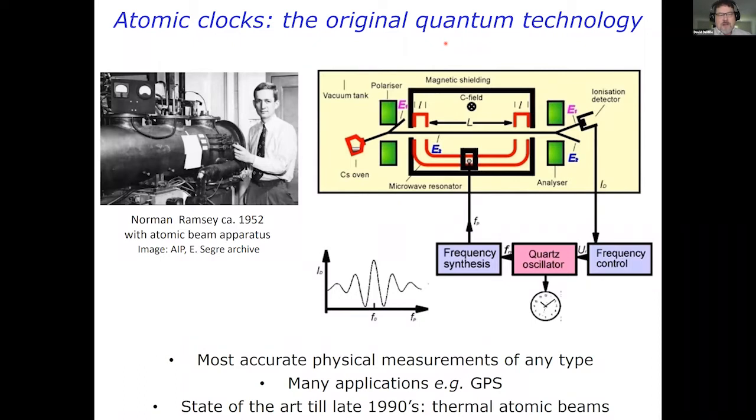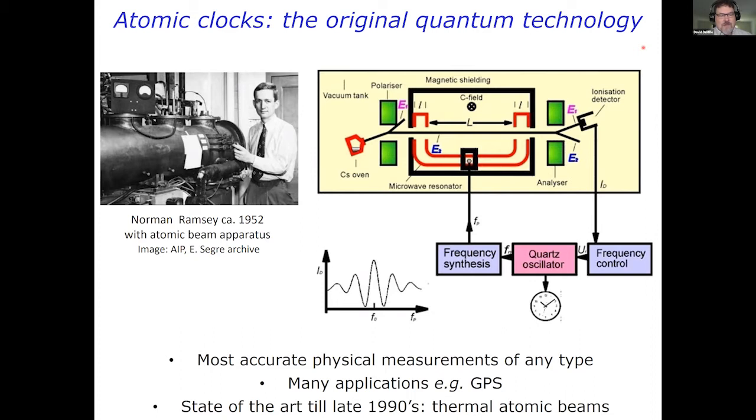all of the techniques that we're using are in some ways analogous to atomic clocks. And there's a good reason for this. This is really the longest running type of technology based on quantum mechanics. It's been extraordinarily successful with continuing very rapid progress in the field.